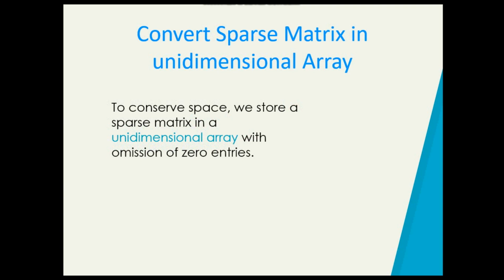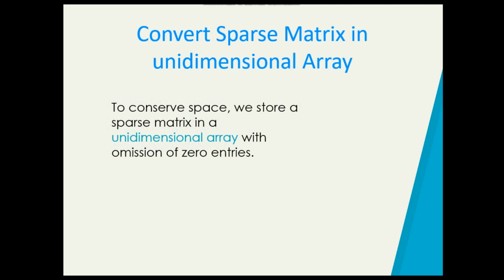In this matrix, only 10 spaces are filled with non-zero values and remaining spaces of the matrix are filled with 0. That means totally we allocate 100 by 100 by 2, that is 20,000 bits of space to store this integer matrix. And to access these 10 non-zero elements, we have to make scanning for 10,000 times.